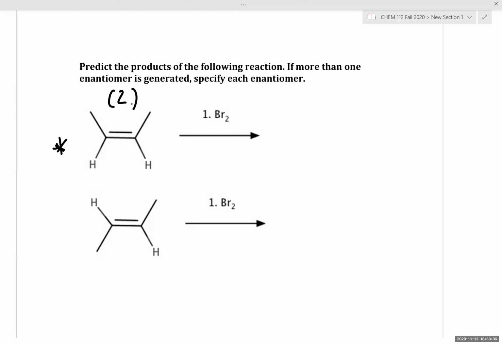Now you may say, why are we making a model? Well, it's really important because it's going to help us visualize what is going on and the stereochemistry of our final products after we generate our bromonium ion and attack our bromonium ion. So let's put together a model of this first reactant.